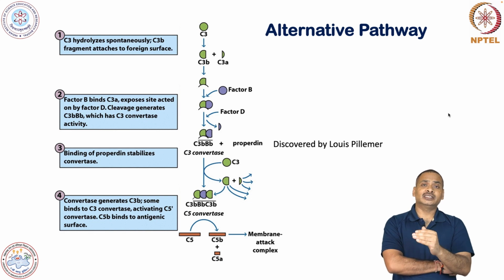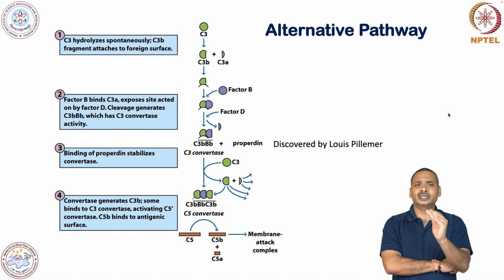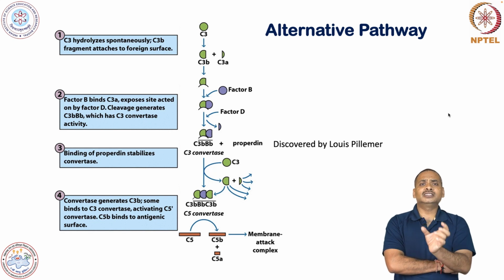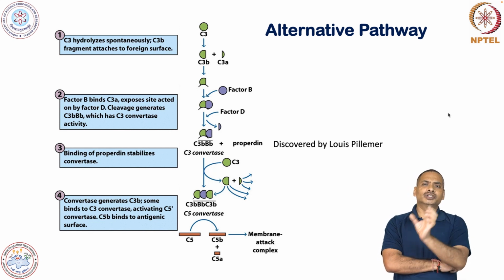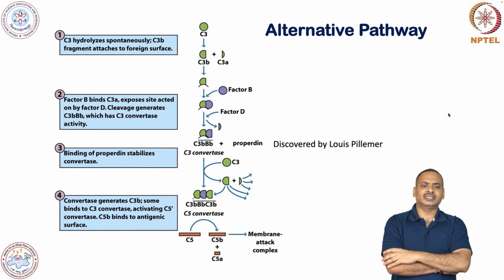Okay, here you can see that the C3b, Bb, which is a C3 convertase, is now interacting with C3b. One more unit of C3b, and that acquires C5 convertase activity.